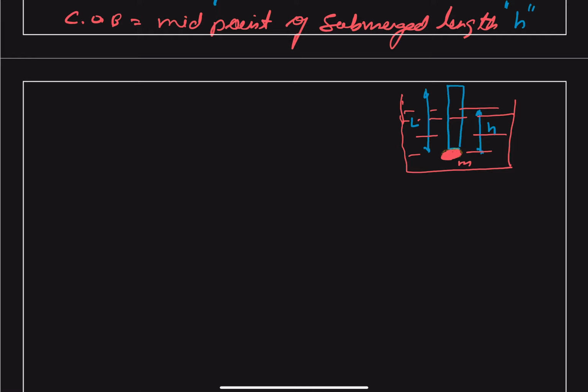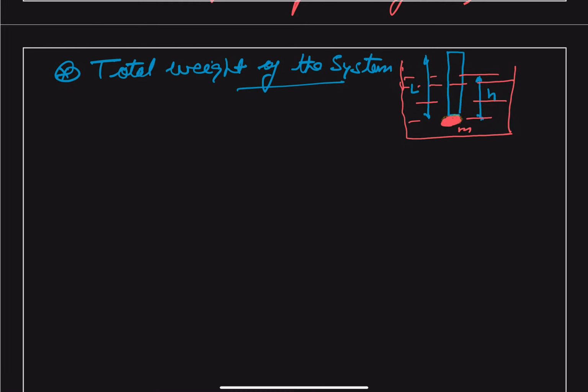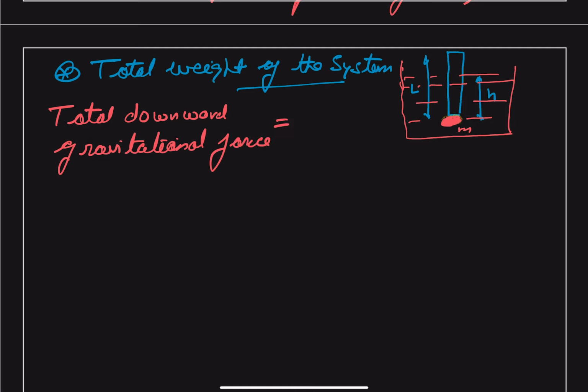So we can write the total weight of the system, the total downward gravitational force, will be equal to the mass of the stick plus small m multiplied by g.